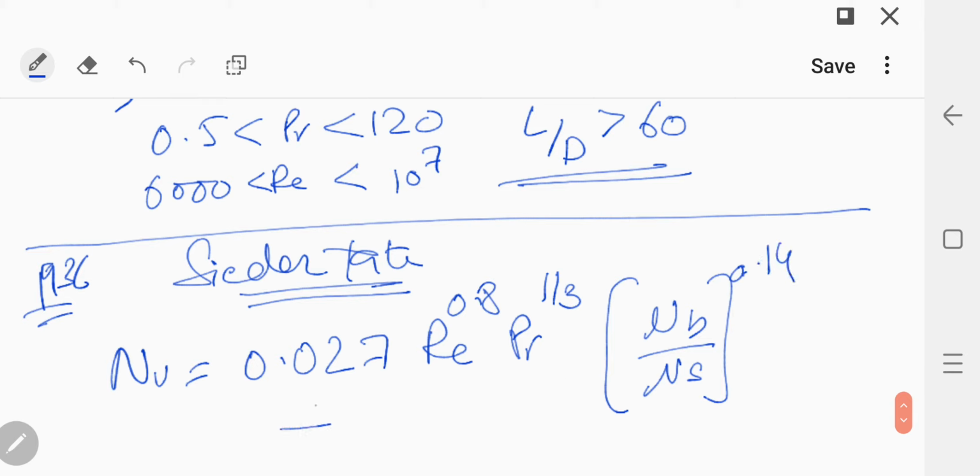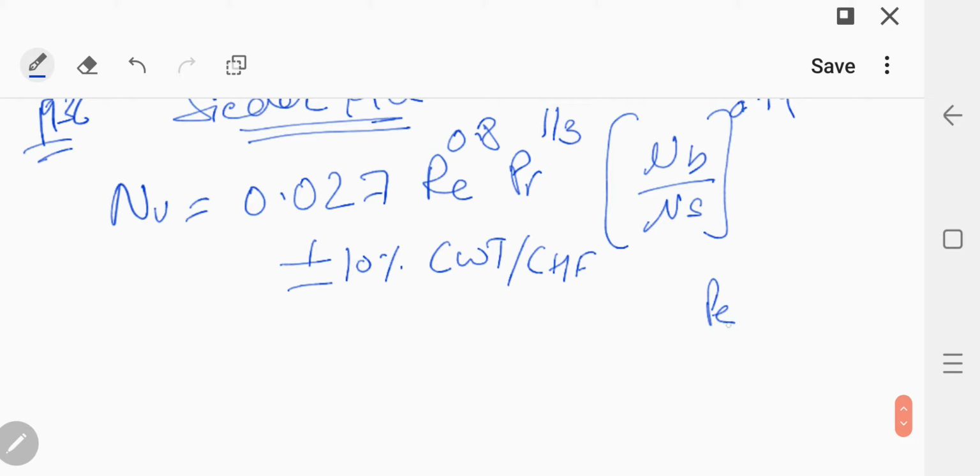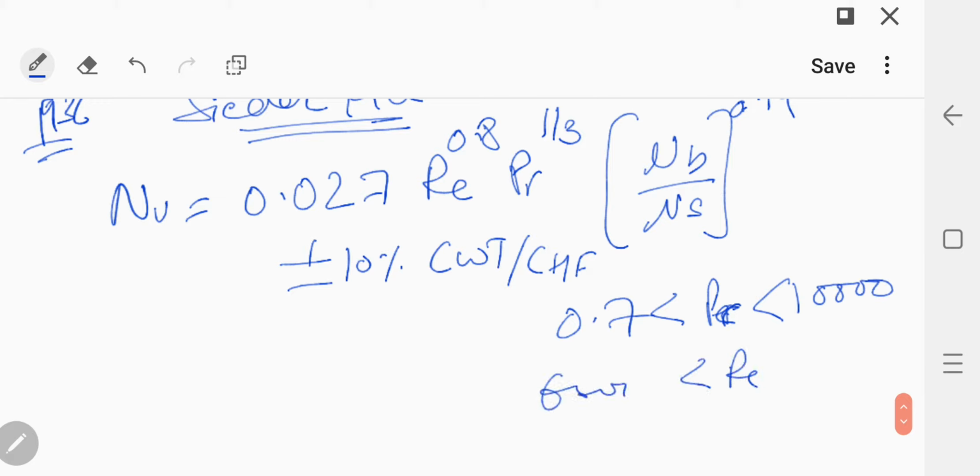Now this correlation gives results within plus minus 10% for constant wall temperature and constant heat flux conditions, subject to the condition that the Prandtl number is in the range of 0.7 to 10,000, Reynolds number again in the range of 6,000 to 10 raised to power 7, and L by D should be greater than 60.